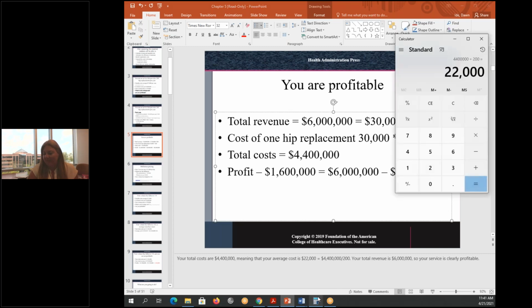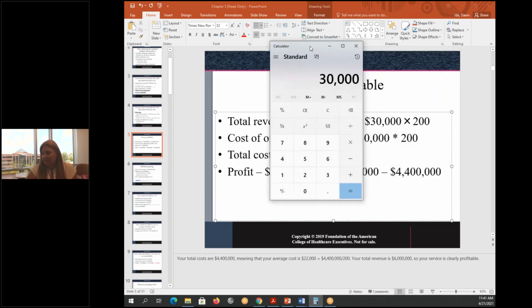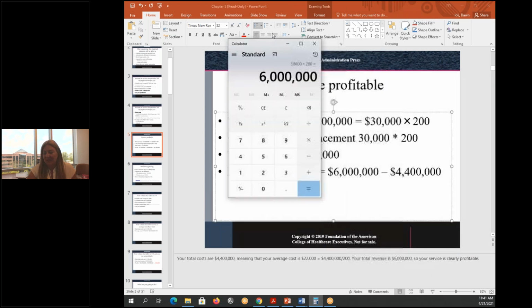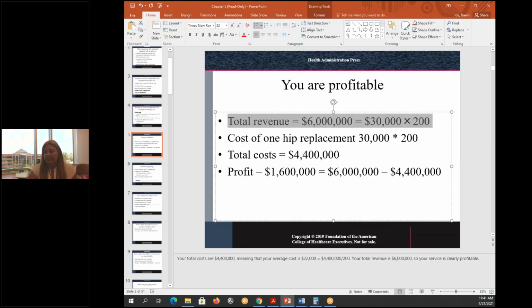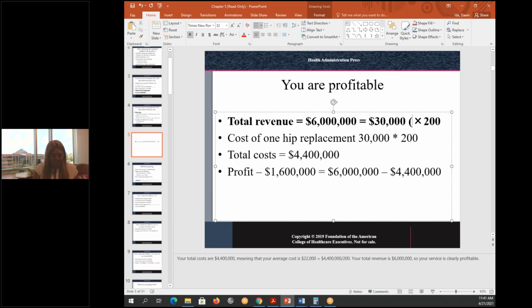So, and again, easy calculator stuff here. You just pop up your calculator and you go 30,000, right? Let me put this over here so I hide that final number. 30,000 times 200 equals $6 million. So you're like, wow, $6 million, right? That looks like our total revenue. But is it really our total revenue?